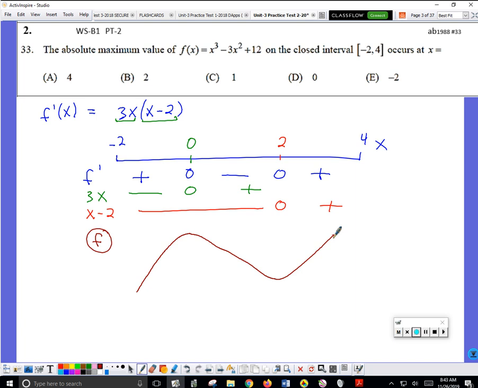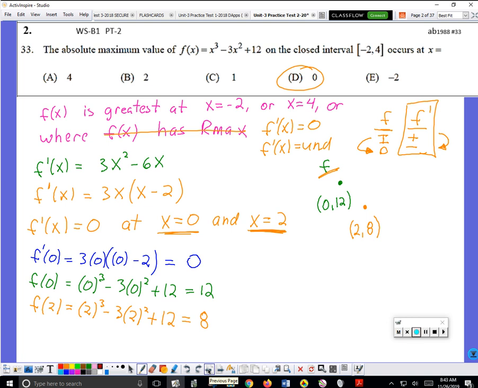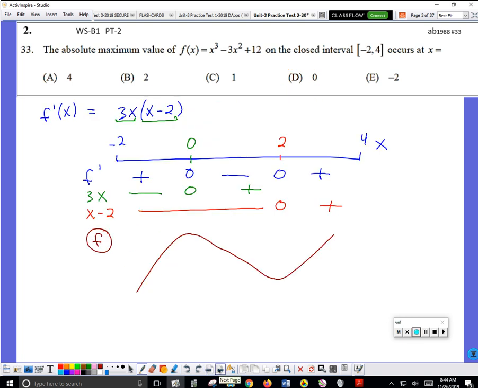Based on this picture of f, the min-max theorem said the greatest point on f is going to be at the beginning, the end, or somewhere where f prime is 0. But by making a sign chart of f prime, we get a clearer picture of where f is greatest. So hands up, based on our sign chart work, at what x coordinates can f be greatest?